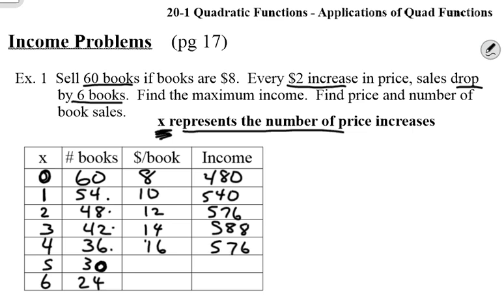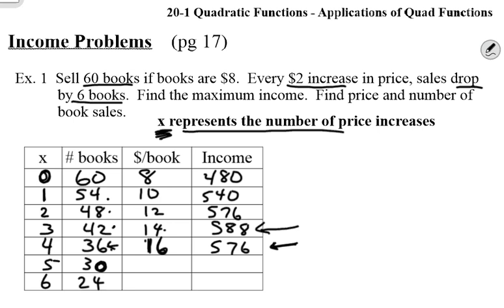Oh, I apologize. But we can see that here is where they start to drop. They had made $588 with 42 sales at 14, but that next price increase dropped the number of sales so they're not making as much money.